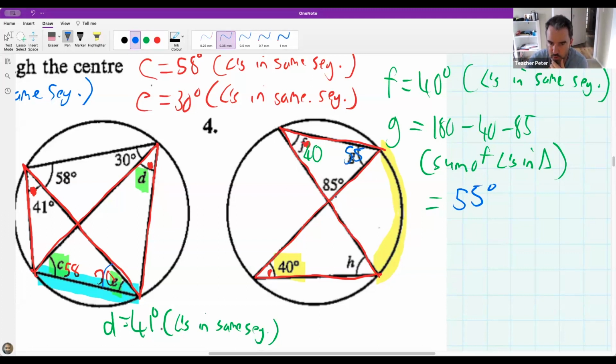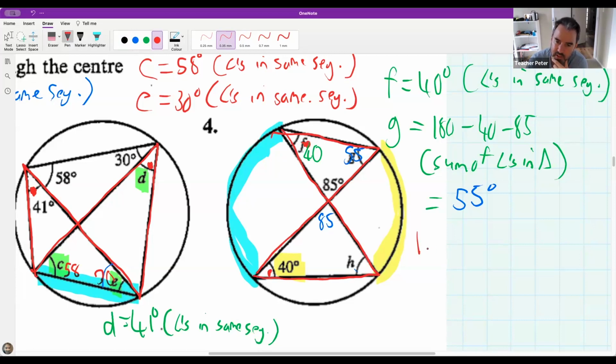Now we have two choices. We can use vertically opposite angles to find this, so these are equal, and then find H. Or we can say, look, this is what Gundo actually saw: this is an arc on this side, and it will subtend the angle here of 55, but using that blue arc, you can subtend the angle over here.